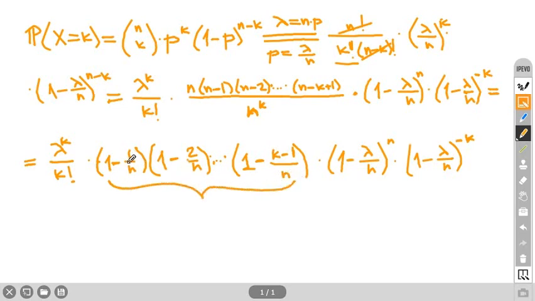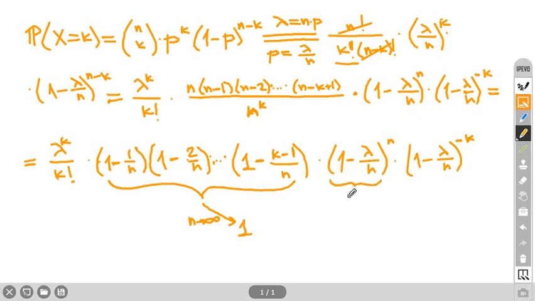We have just finitely many terms here, k minus 1 terms, and each of them tends to 1 when n tends to infinity, because this tends to 0. This again tends to 1, this again tends to 1. Because we have finitely many terms, this is important, the product will tend to 1.